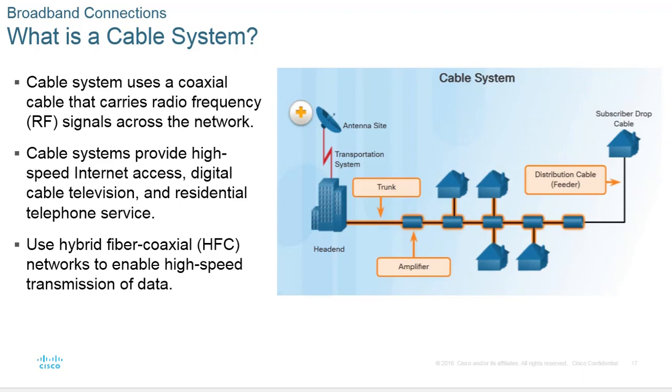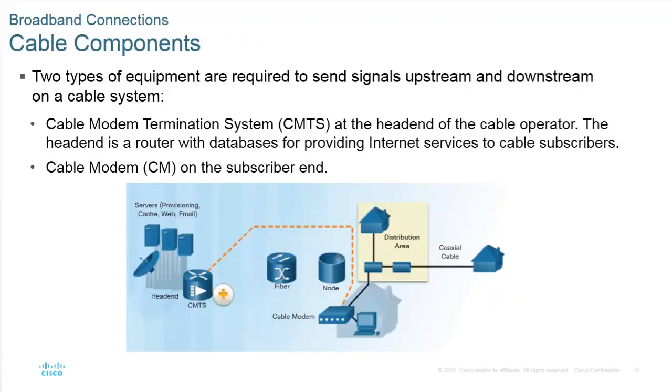Okay, so mostly these are coaxial cables installed in the area, and as you can see, this type of connection is mostly a shared connection between the different subscribers. There are two important cable components for this type of internet connection.